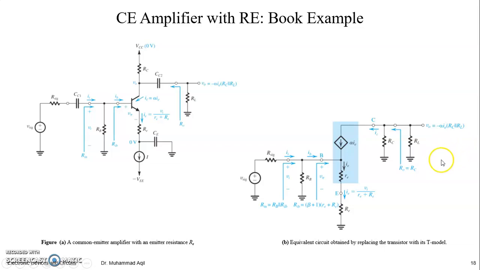So you have to now put V in instead of VBE to get AV, or V signal instead of VBE to get the relation for GV naught or GV. Okay, and what would be the relation of VBE with V in or VBE with V signal? I already told you when we considered the T model, the circuit of the common emitter amplifier with emitter resistance. Please do these things.